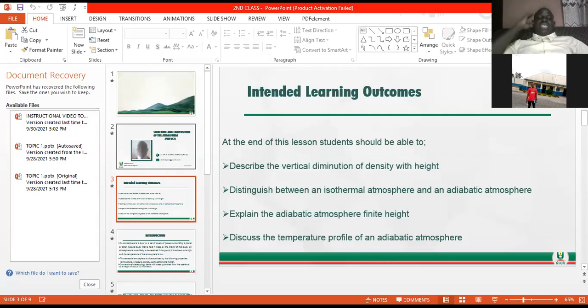At the end of this lesson, students should be able to describe vertical diminution of density with height, distinguish between isothermal atmosphere and adiabatic atmosphere, explain the adiabatic atmosphere finite height, and discuss the temperature profile of adiabatic process.